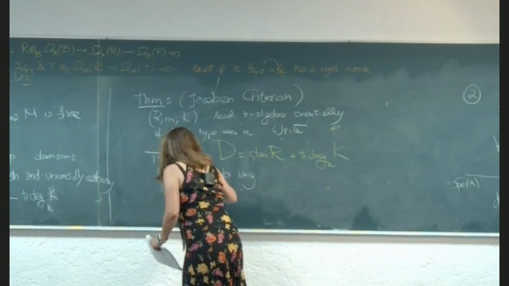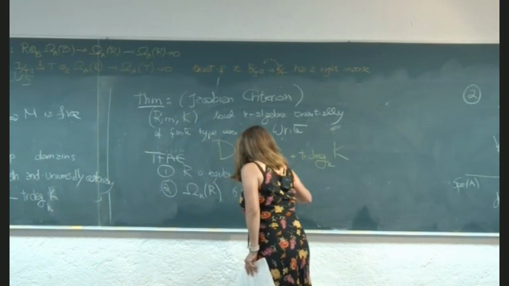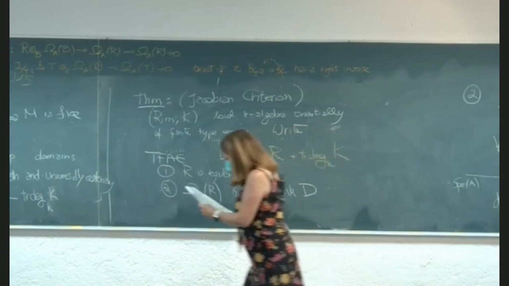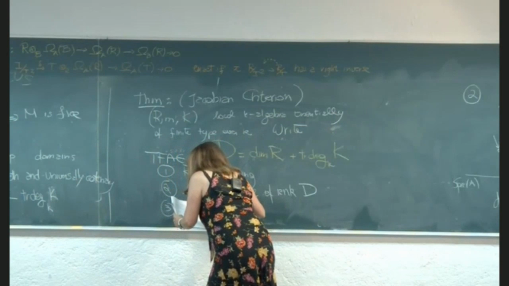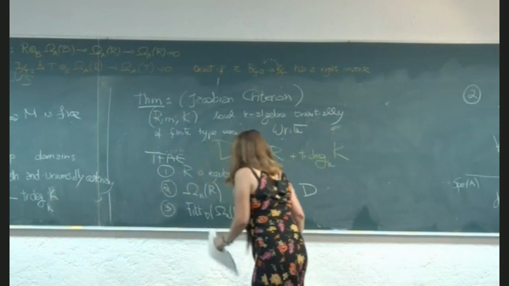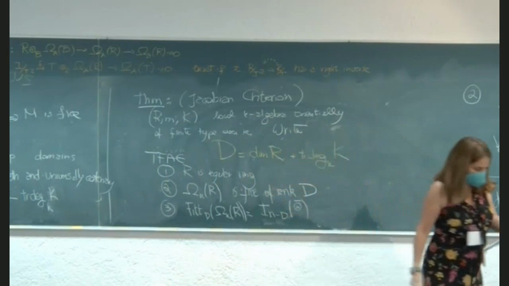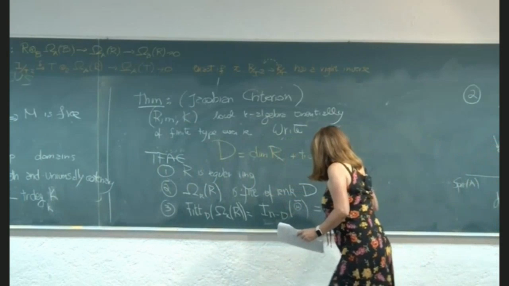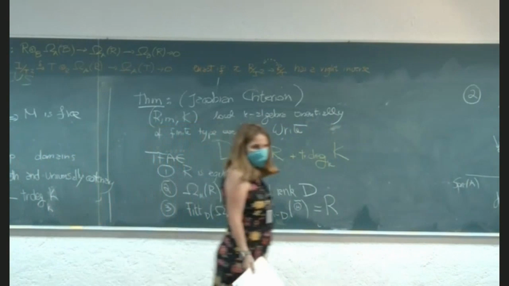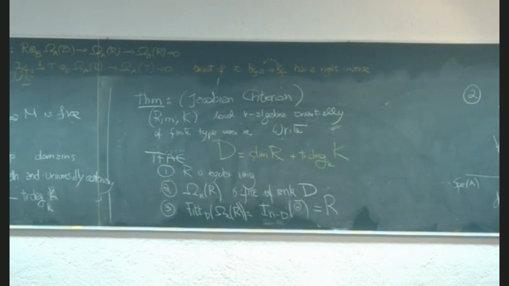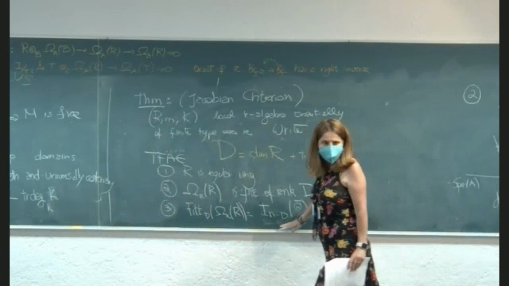Second, the module of differentials is free of rank D. And third, the Fitting ideal of the module of differentials, which is the n minus d minors of phi, of the Jacobian matrix, is exactly R, the whole ring. So these are not the maximal minors, they are the n minus d minors.